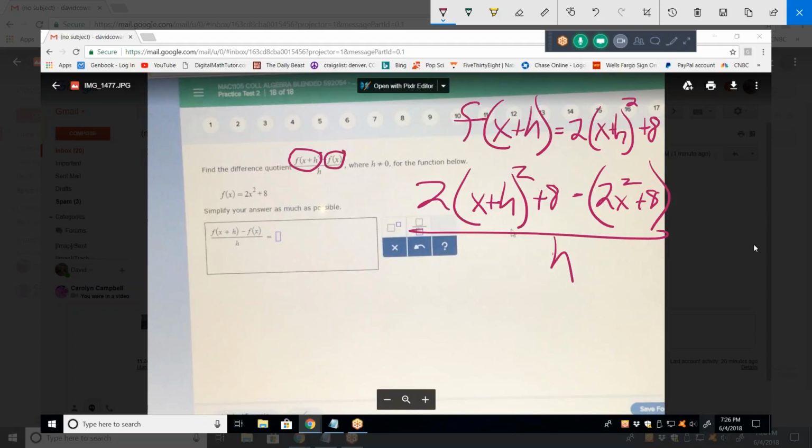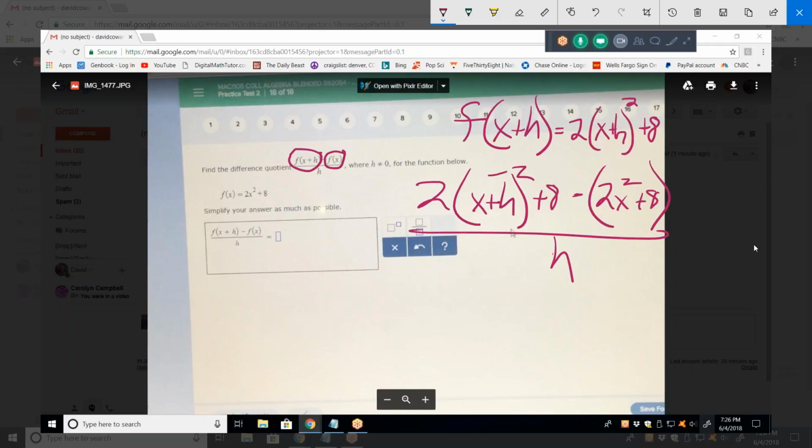So, what's the next thing I can do? We can cross out the h's. Well, not yet. You got to expand that. In other words, the first thing you want to do to simplify an expression is get rid of all the parentheses. Well, the only way to get rid of the parentheses is to square that.